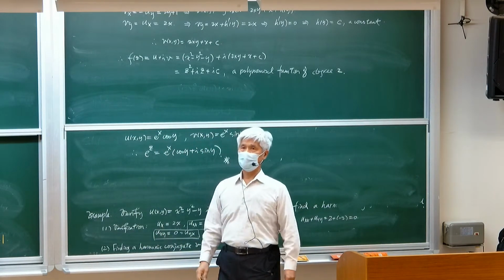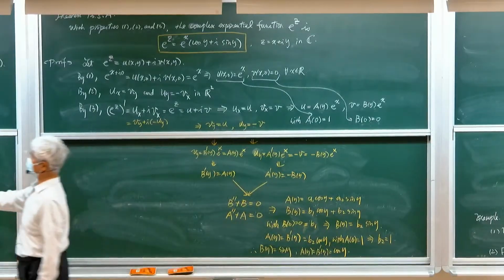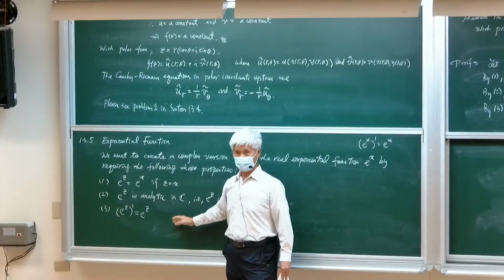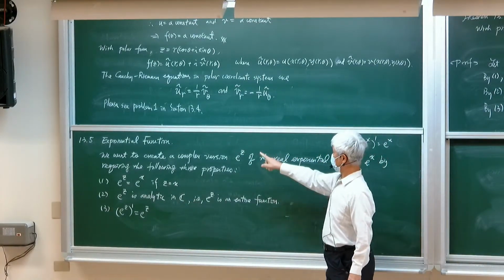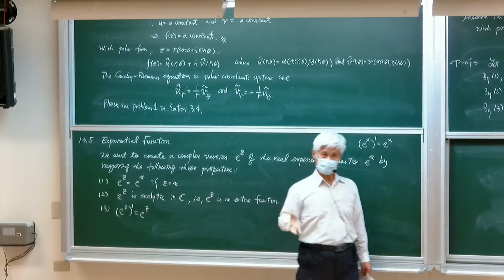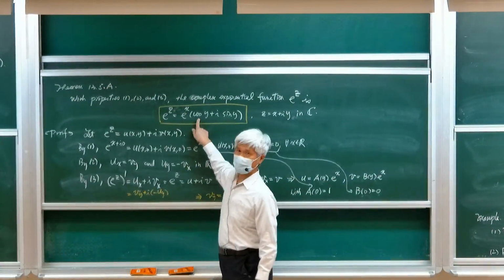So from these three very simple and reasonable properties, the complex version of the real exponential function, which we call the complex exponential function, should be this function.